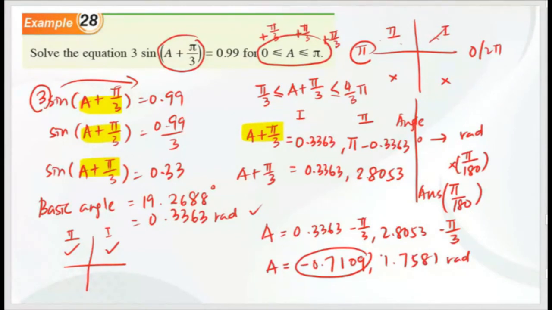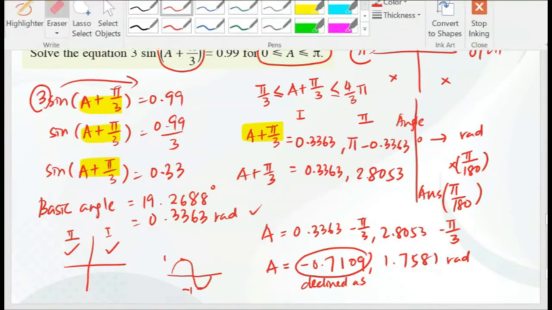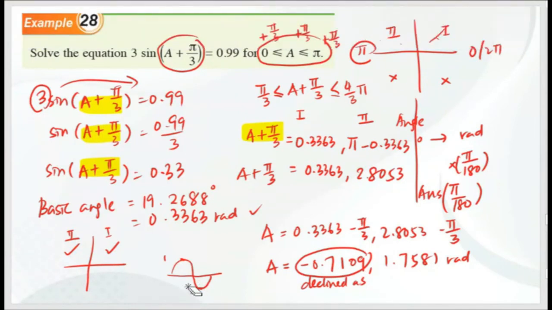Why can't we accept it? Why do we decline, reject this one? Because for sine, you have learned about the graph of sine already, right? The graph for sine is always in between the maximum, which is 1, and the negative. This one is negative, we don't count.